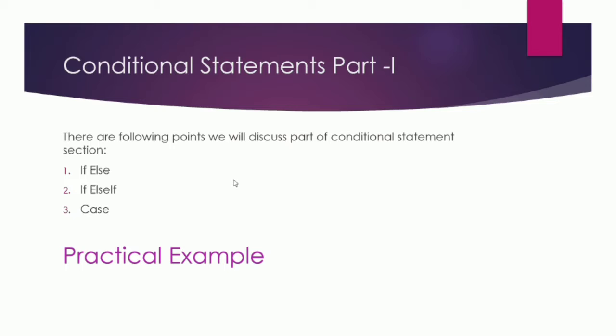We will see this program practically in this video. We will cover two statements: the first is if else and the second is if else if, and in the next video we will talk about the case statement. Let's move to the practical example.